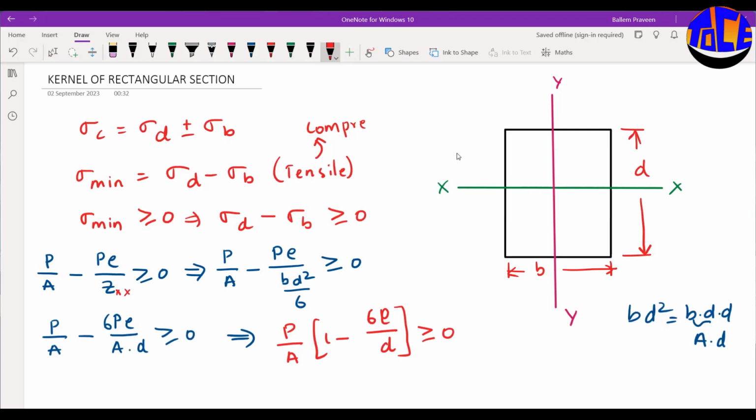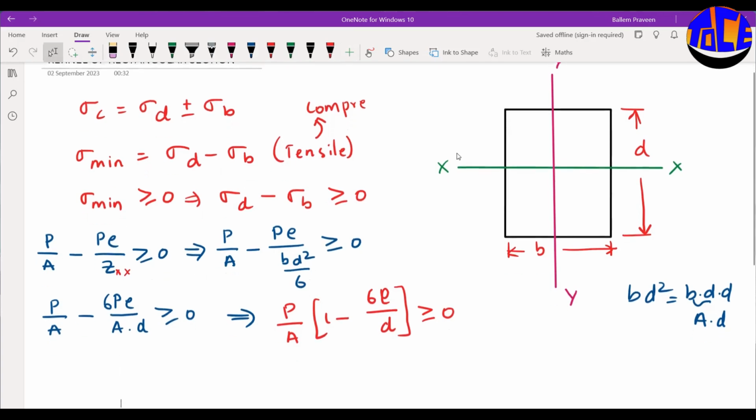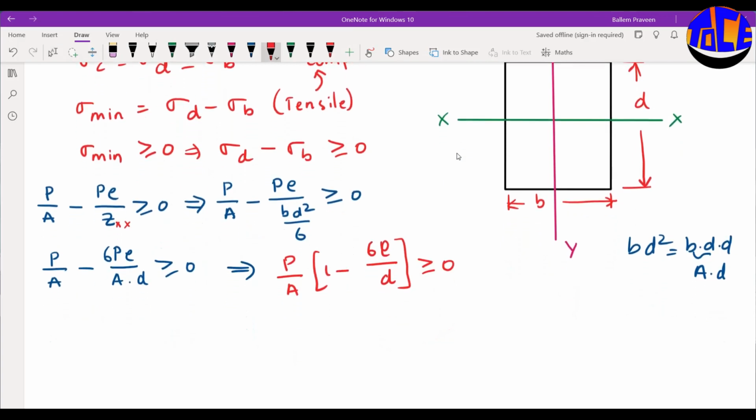I have taken P by A common, and if I take this P by A to the other side, it will become 0. So simply I can write this equation as 1 minus 6e divided by D should be greater than or equal to 0. Taking 6e divided by d to that side, it becomes 1 greater than or equal to 6e divided by d.